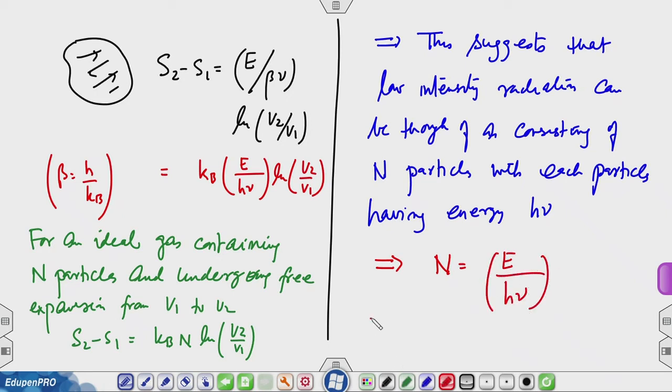So, h nu is the energy of this light quantum.